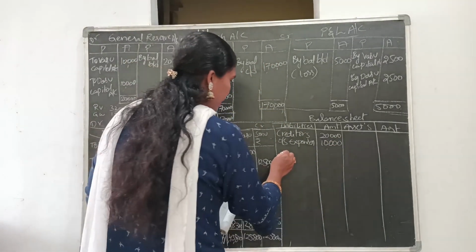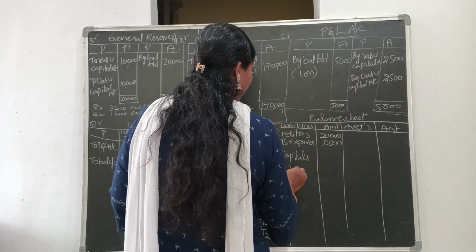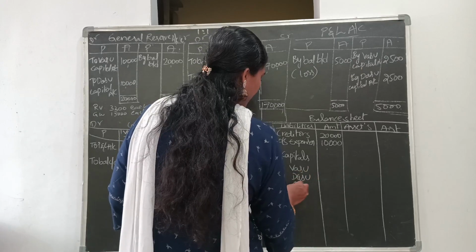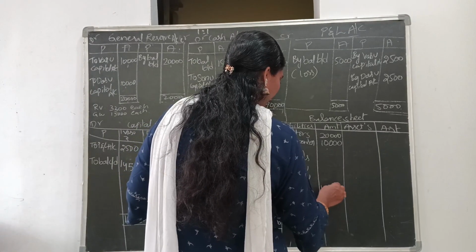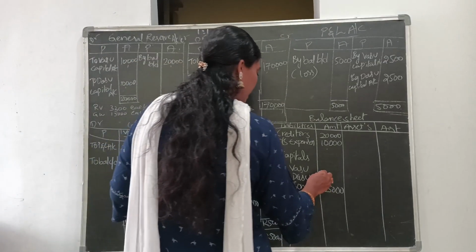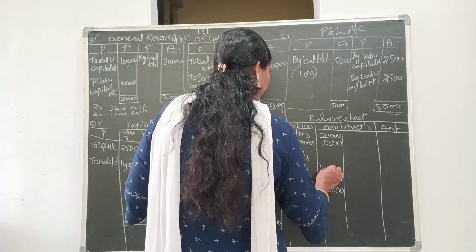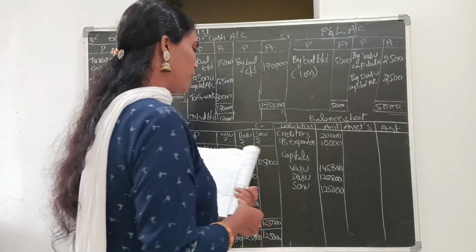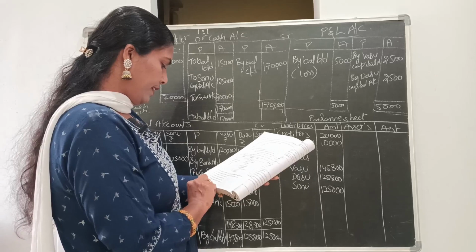Next, capitals. Coming to the capitals of Vasu, Dasu and Sonu. First we'll write Sonu 1,25,000. This is a new capital. Now adjusted capital is 1,25,800 and 1,45,800 is the Vasu adjusted capital. So the liability side is over.